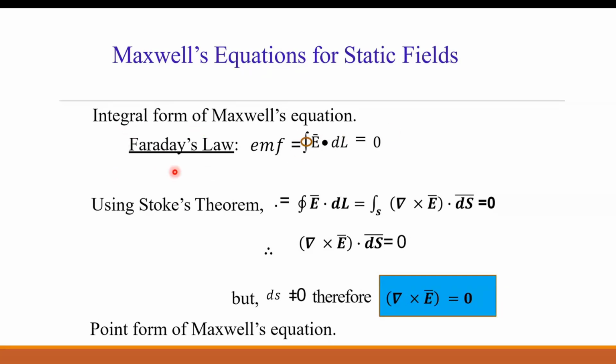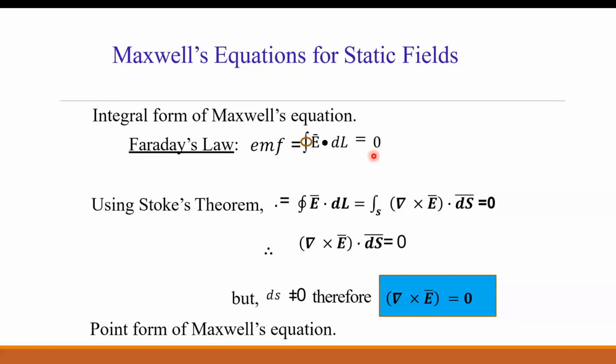And what is it? It states that the EMF induced in the secondary side, if we take the closed integration of this EMF, then it is equal to 0. The EMF induced in a loop when magnetic flux is changing in the vicinity of it is equal to 0. Okay, if the path is closed, then this E dl will become 0.